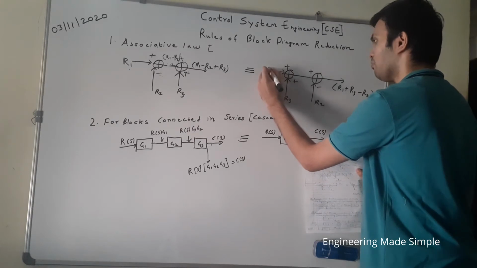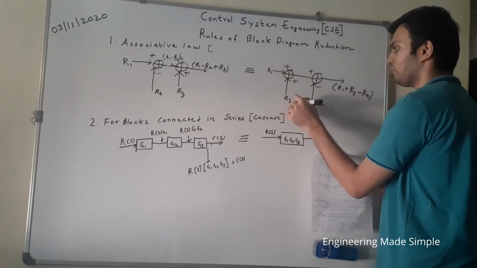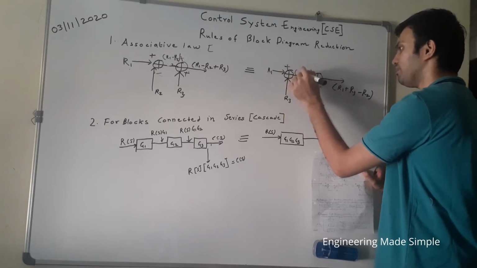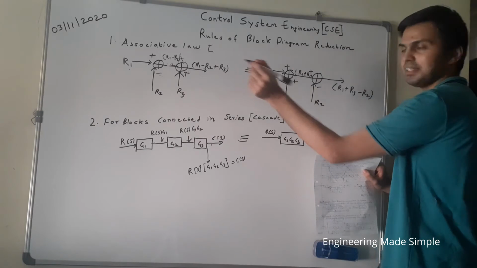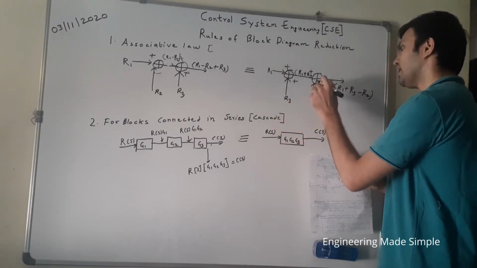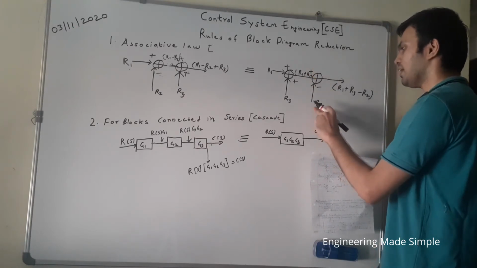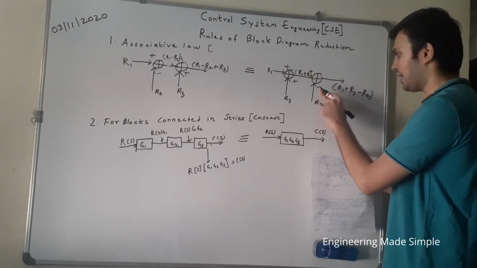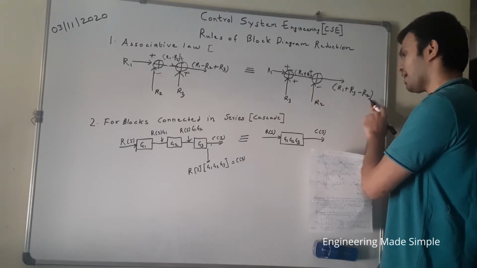So what would be the output at the first summing junction? It would be R1 plus R3, because I have exchanged the summing junctions. Then the first summing junction as it is has the signal minus R2 because of the polarity. So the final output will be R1 plus R3 minus R2.